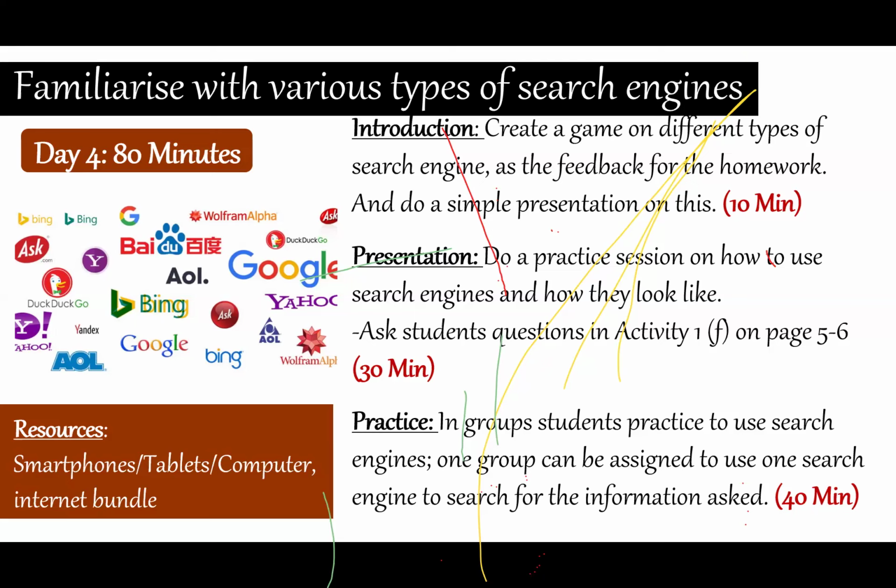When they get home, they go through Google Chrome and try to search using their parents' or neighbors' phones. Then the following day during the lesson or discussion, everyone shares what he or she did and how he or she managed to do that. From there, you can come up with something quite understood by students.